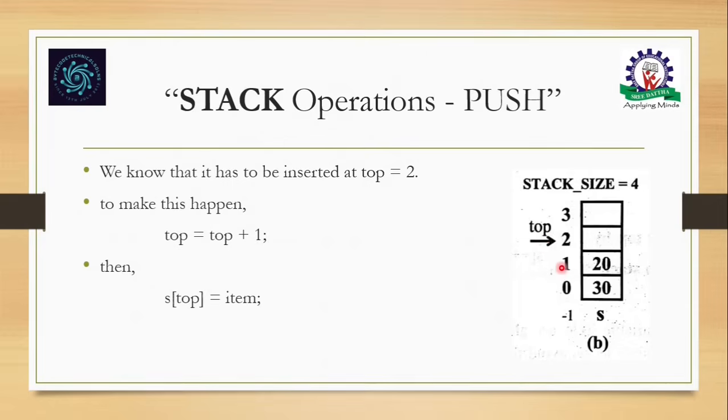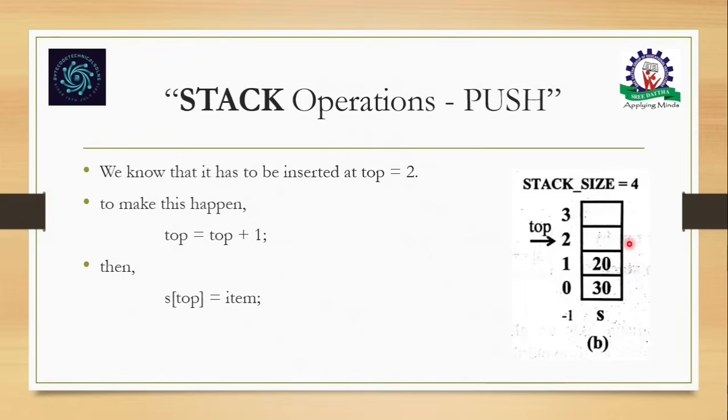If top is marking at 1, it is already occupied by 20, so I cannot insert the new element. First the top has to be marked at the empty location. There I can insert a new element.